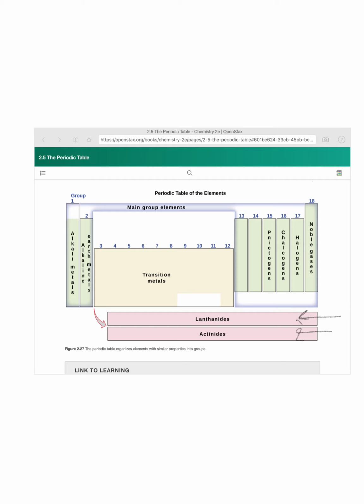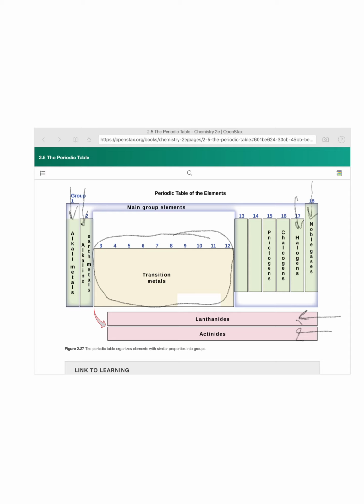And over here, group 18, these are the noble gases. You can see some of these other groups also have names. Some of the ones that you will see that are common is group 17. These are called the halogens. Group 1, the alkali metals, and group 2, the alkaline earth metals. And then over here, groups 3 through 12, these are called the transition metals.